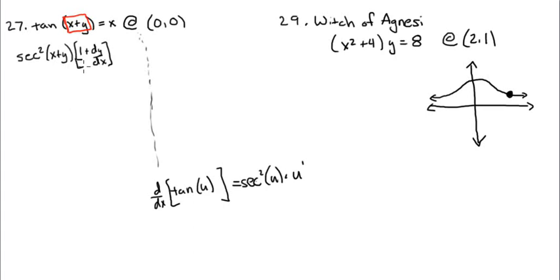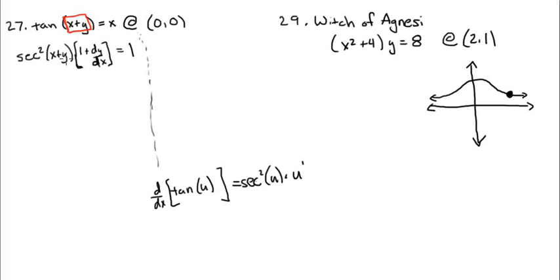And if we take the derivative of the left-hand side, we also have to take the derivative of the right-hand side, and the derivative of x is just 1.